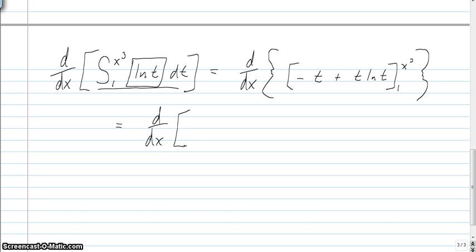Just following the first fundamental theorem, I'm going to plug x cubed in for t.